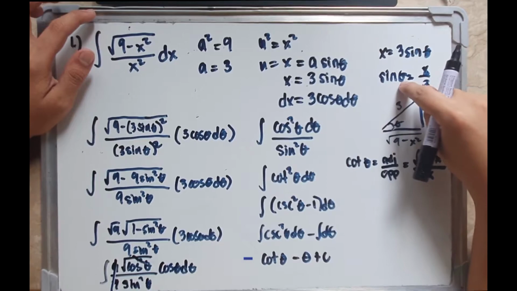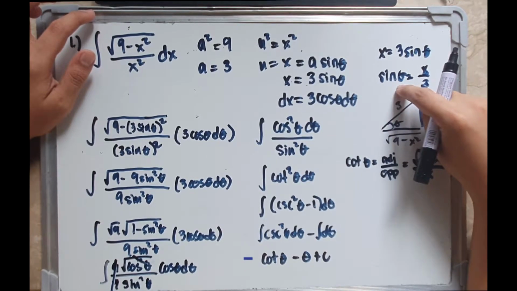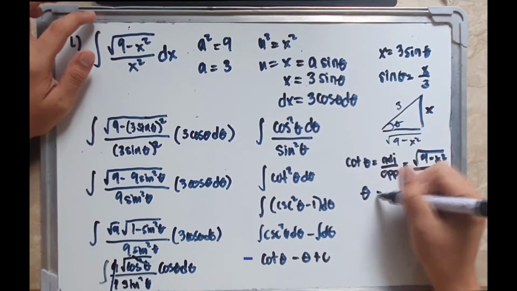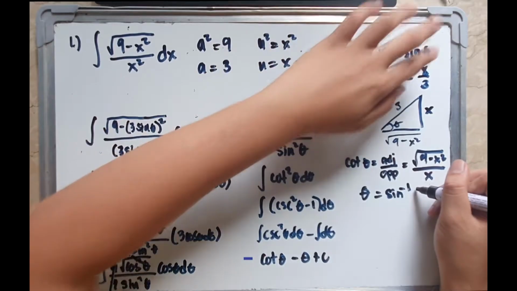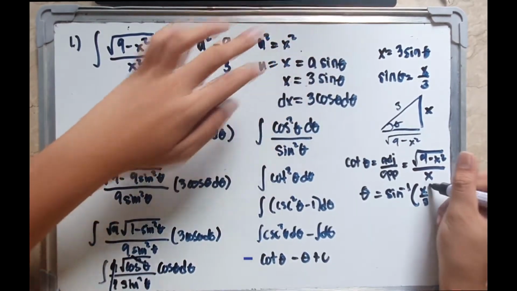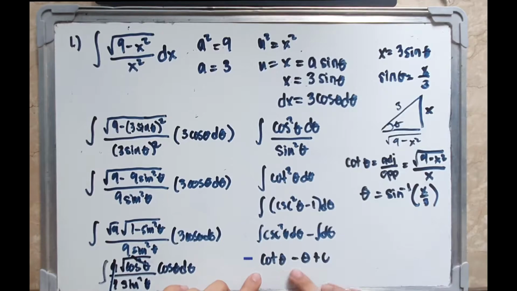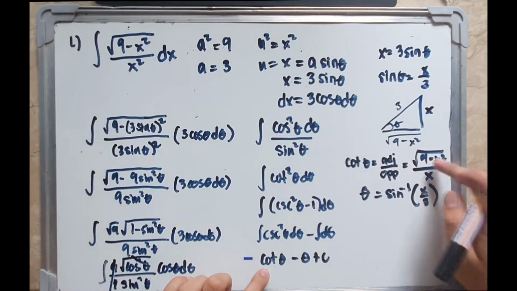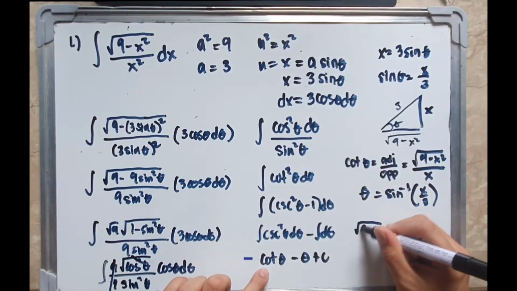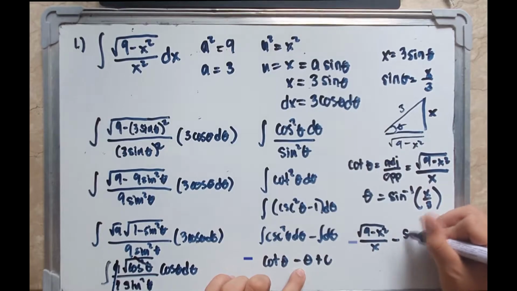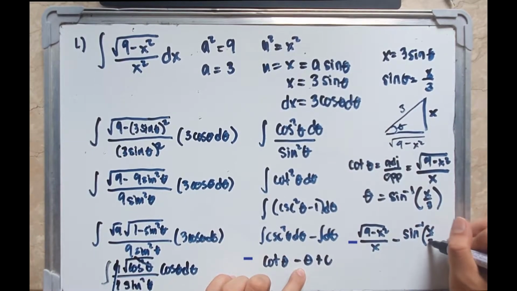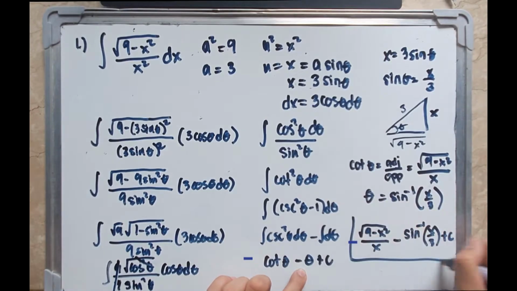We already have the value of sine theta, so theta is the arc sine of x over 3. Now replacing the value of our final answer from the trigonometric form into an algebraic form, cotangent is the square root of 9 minus x squared over x, minus theta, which is the arc sine of x over 3, plus c. This will be our final answer.